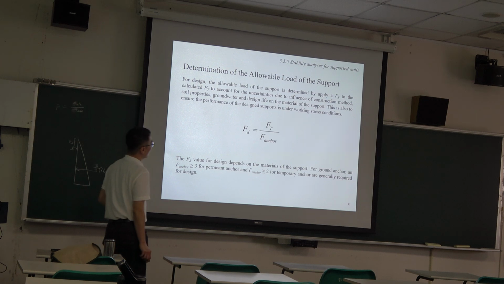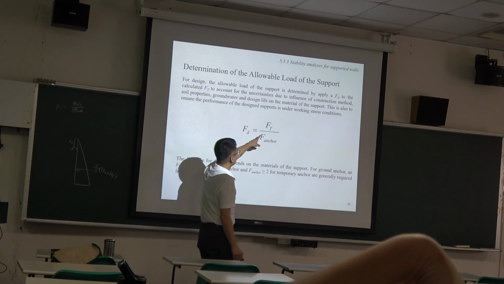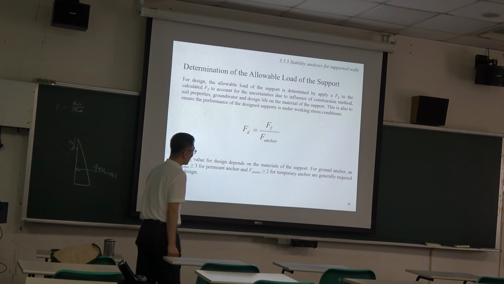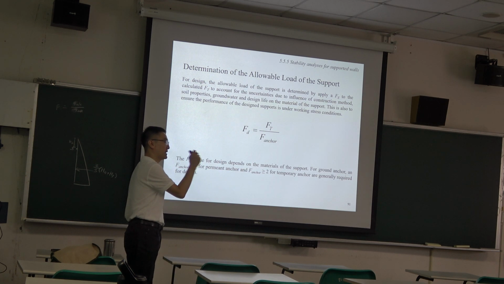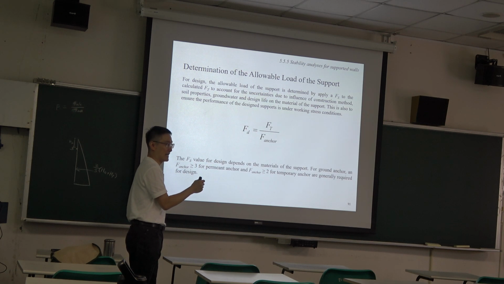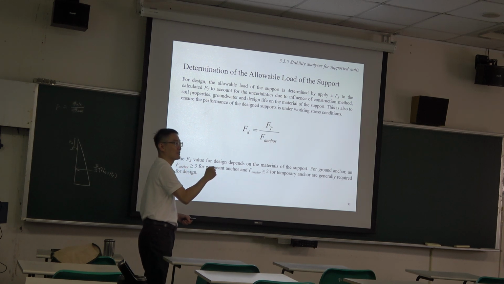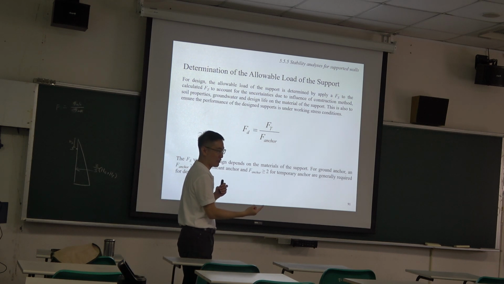So once we know the safety loading from anchor, and then the anchor actual loading, theoretically they are determined by field test. In the field, we will do the anchor test to know how much load it can provide.